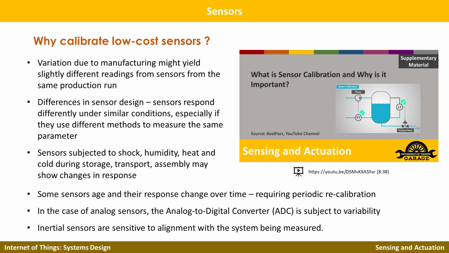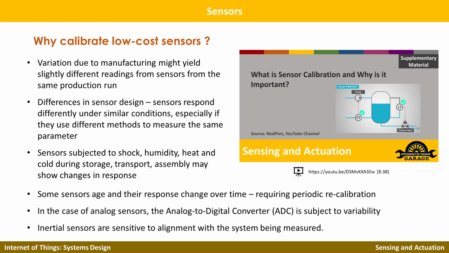Sensors are also subject to shock, humidity, heat, and cold during storage, transportation, and assembly, which may be the reason behind some of these changes. Some sensors age and their responses change over time.